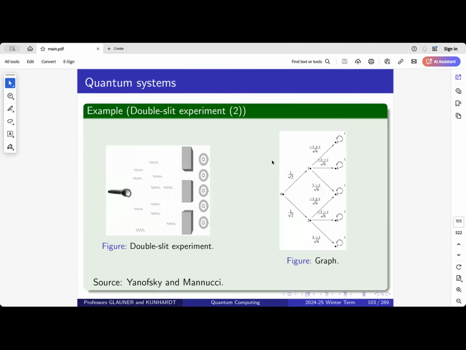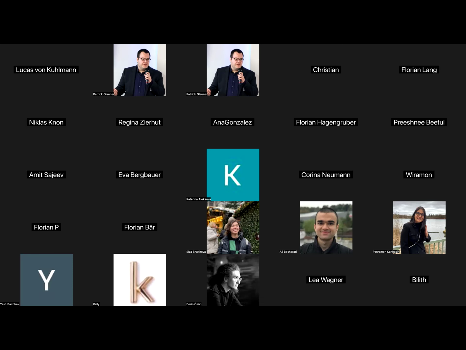And for our double slit experiment now, we can again describe it as a graph, which will make it fairly easy to understand from our previous systems that we have established. And I will write this out again on the iPad, and we will see how the quantum double slit experiment works.